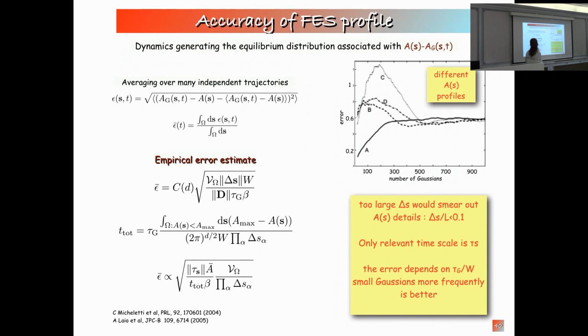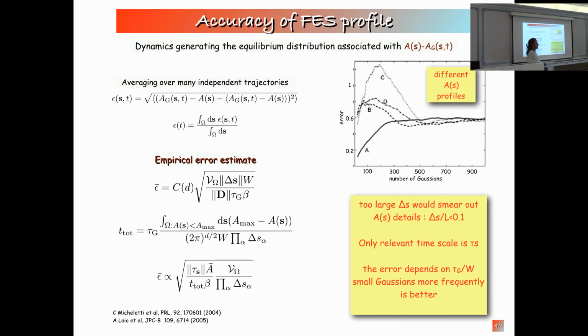What else? Okay, this is some information about the accuracy. In principle, the accuracy doesn't depend on the profile, it depends on the rate. So if you put this additional potential too fast, you will get some inaccurate results because you don't have the time to sample the orthogonal degrees of freedom. It depends on the size of the hills.